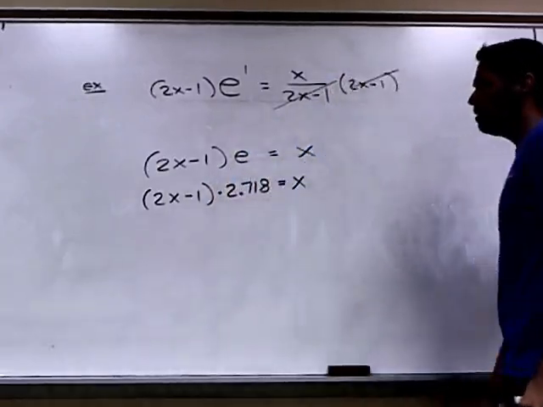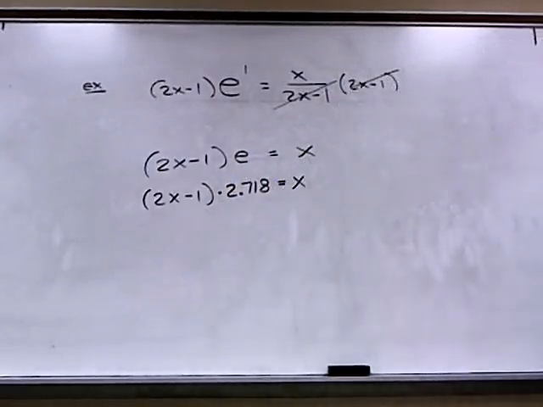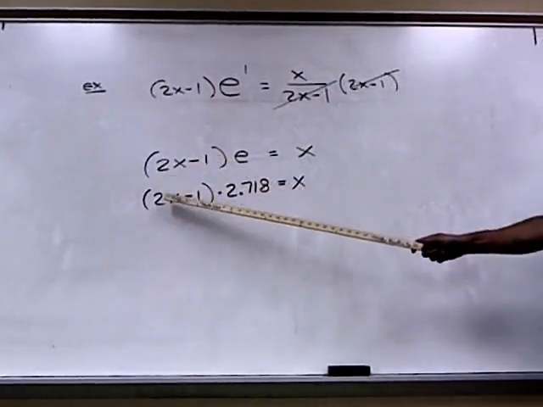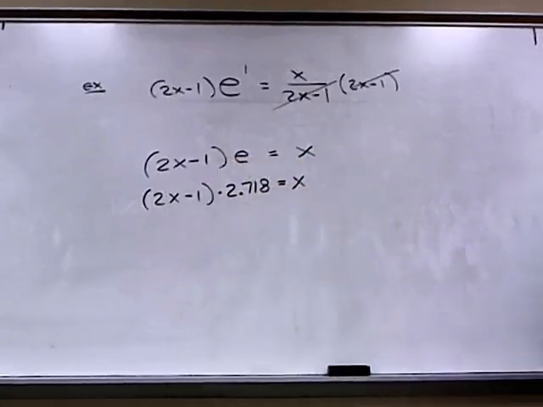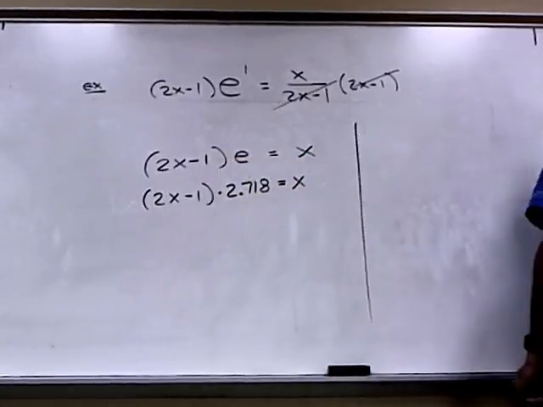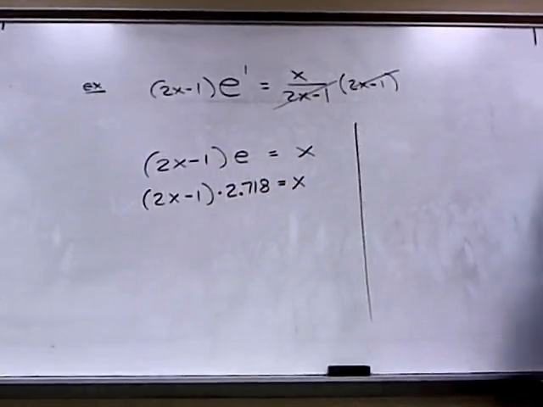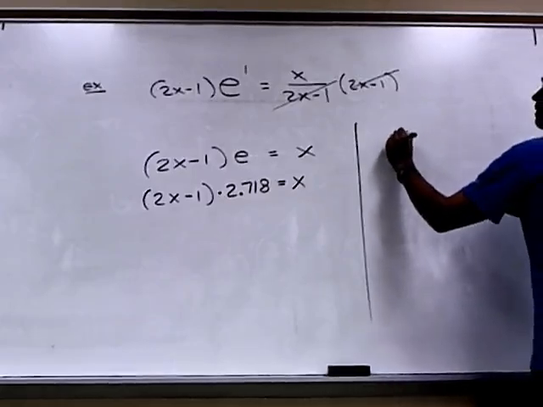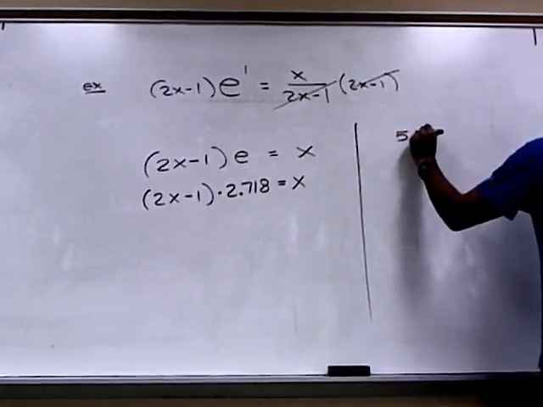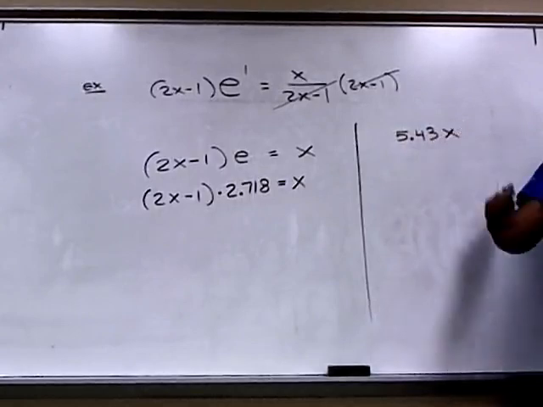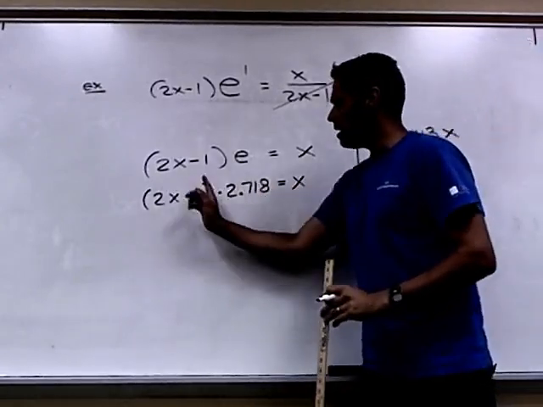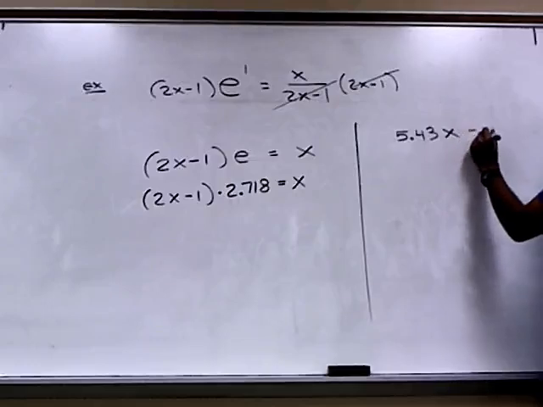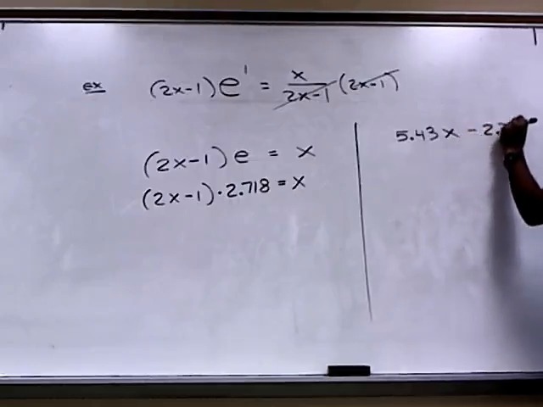Now what can I do on the left side? Distribute this 2.718 through. What's 2.718 times 2? 5.43, and that'll be x. I'm rounding a little bit. Times x, and then times -1 gives you negative 2.718.